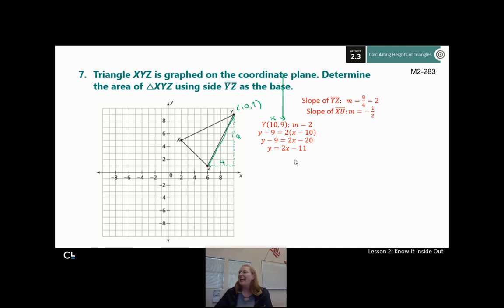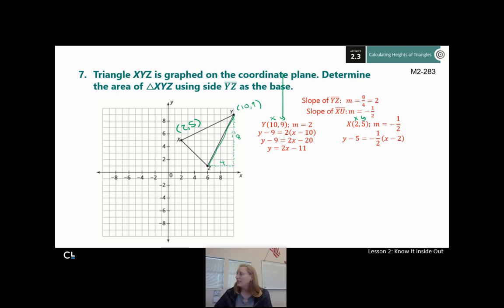Let's do this again, only now we need to do it for our height. So I'm going to use point x. We already know point x is at 2, 5. So I'm going to use that point 2, 5. And I know the slope of my height should be -1/2. So y minus my y coordinate, so y minus 5, equals my slope, -1/2, times x minus my x coordinate, which is 2, so x minus 2.